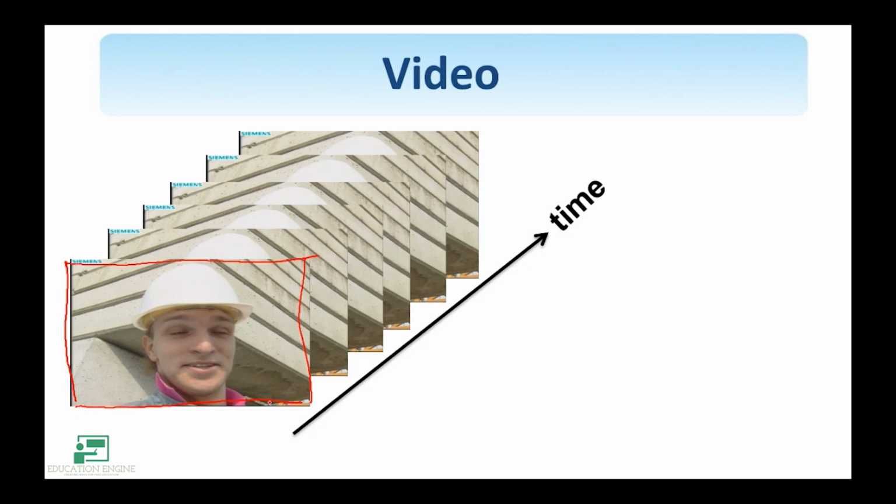And one could argue that a video is nothing else than a collection of images, and therefore if I have an algorithm that is effective in processing an image, a still frame as it's called, I could also apply the same algorithm to frame after frame, and I will be done.